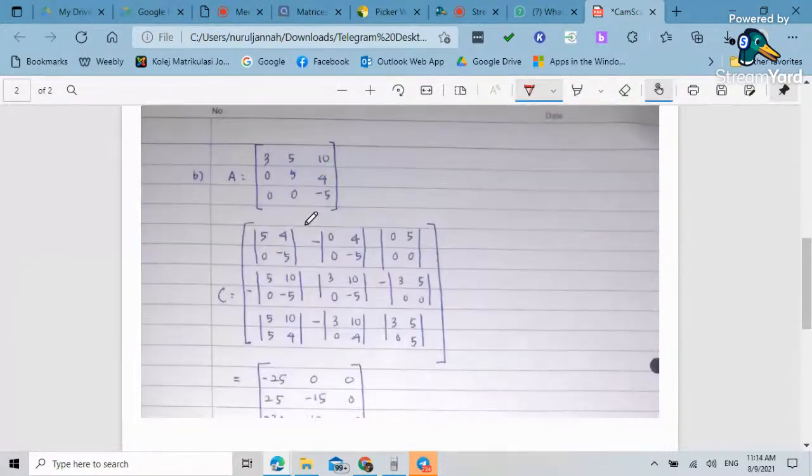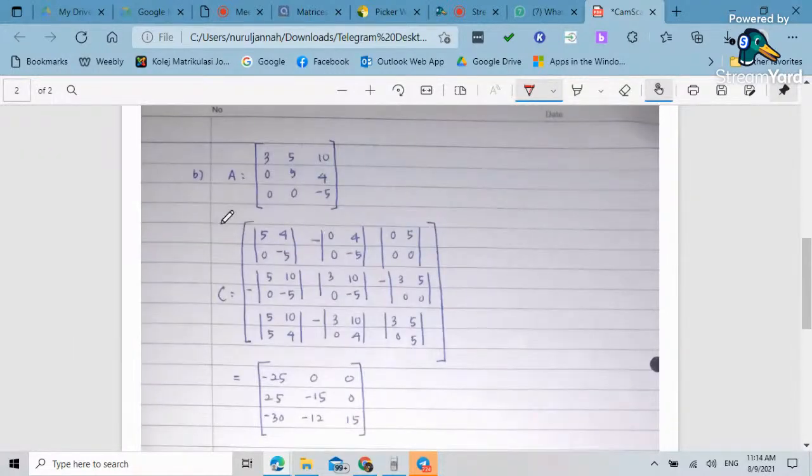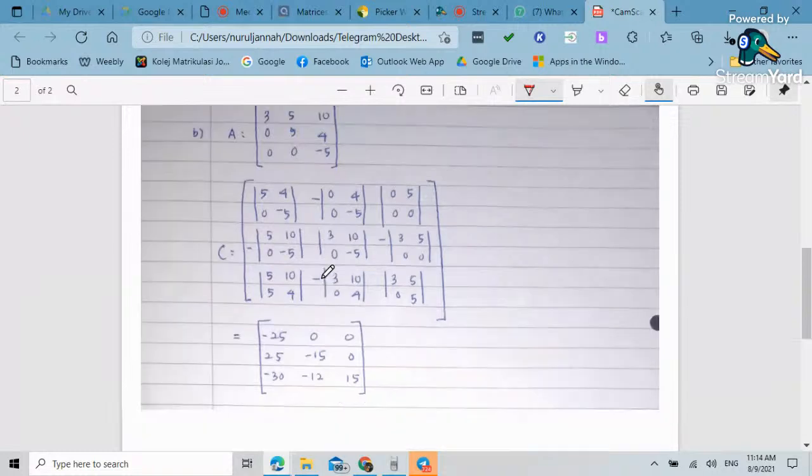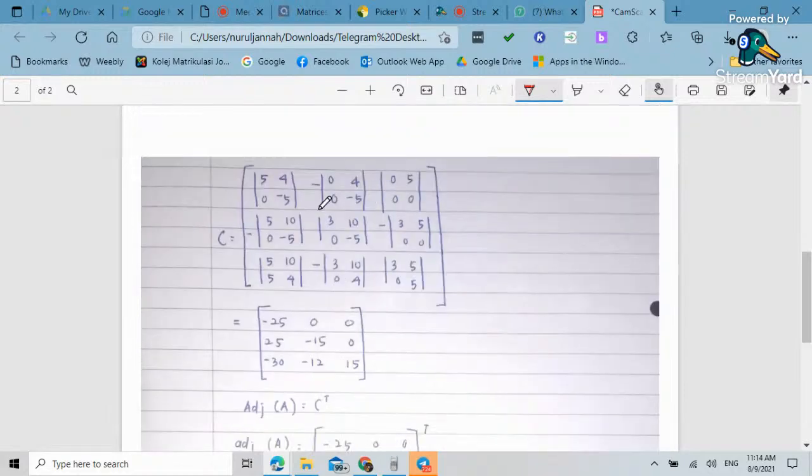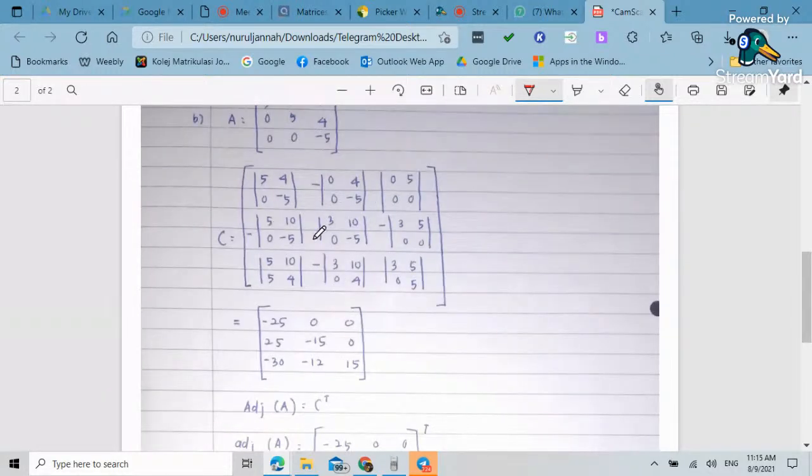Okay, so for the second question, the question asks for the cofactor and adjoint, and to find the inverse. So you can draw your big matrix to find the cofactor. Make sure plus and minus are in the right place.